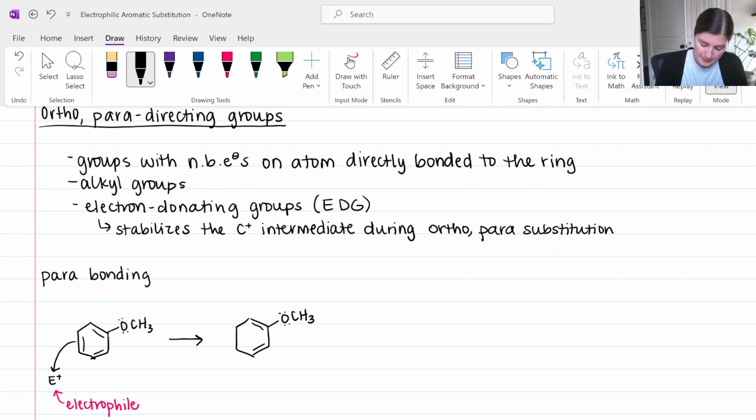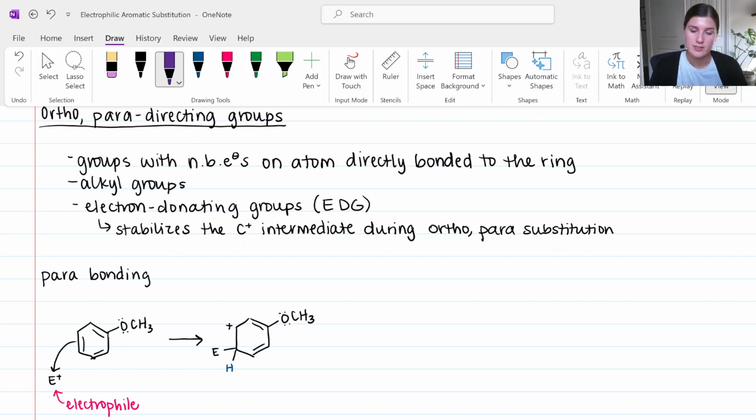It bonds opposite, so it'll bond right here, opposite in the para position. We're writing that because that's what we're looking at here, para bonding. Don't forget we have a hydrogen here. And because we broke that pi bond, we now have a carbocation at that carbon. Now this is where those electrons on the methoxy group become important.